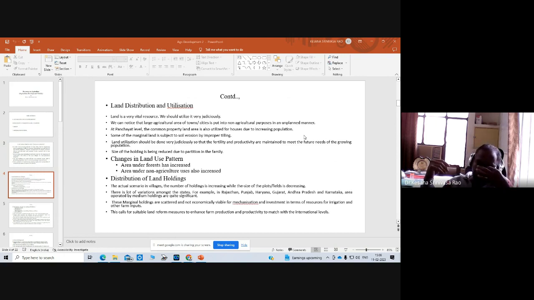These all require land. At panchayat level, common property land is also utilized for houses due to the increasing population. Some of the marginal land is subject to soil erosion by improper tilling. This is one of the basic problems in the recent past.